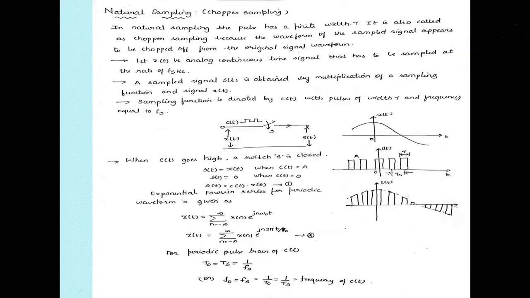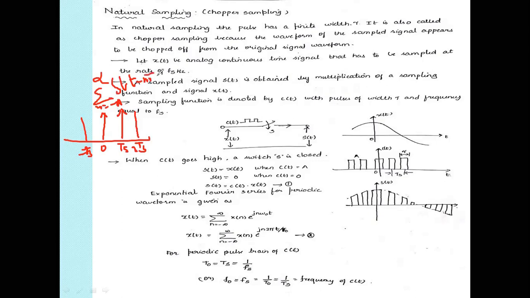The second one is the natural sampling, or Chopper sampling. Why is it a Chopper? The signal after multiplying with the signal, let us take this as g of t.